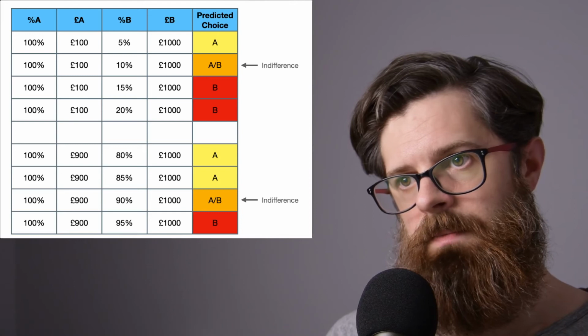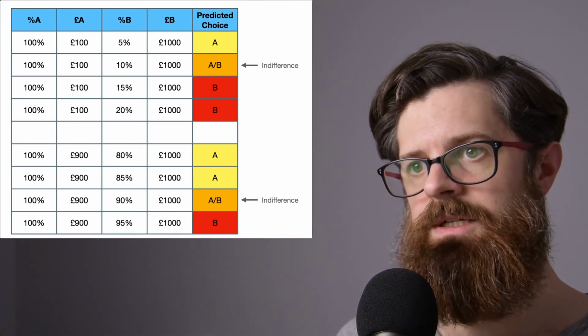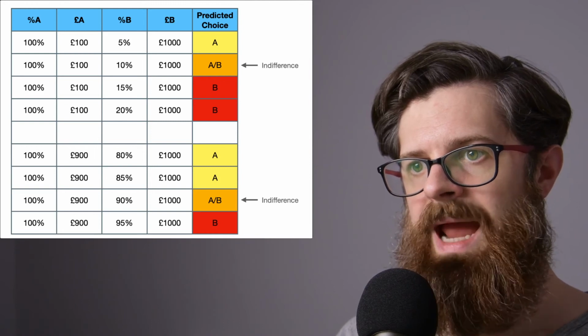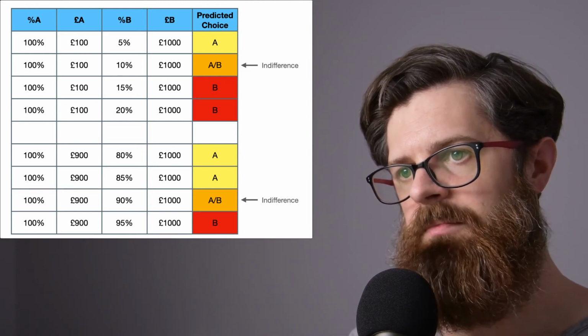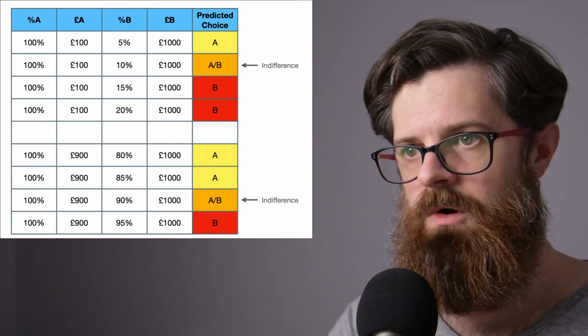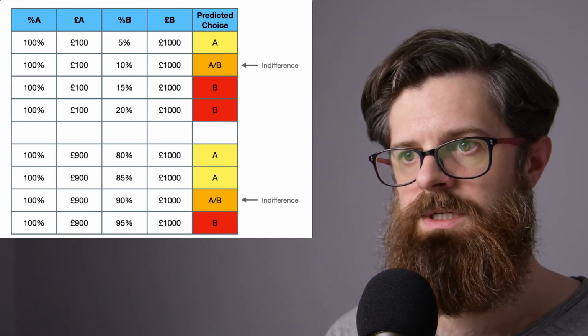Now, I've basically given a series of other examples here about what might happen if the amount of money you're given for sure is much higher, so £900 as opposed to 100.